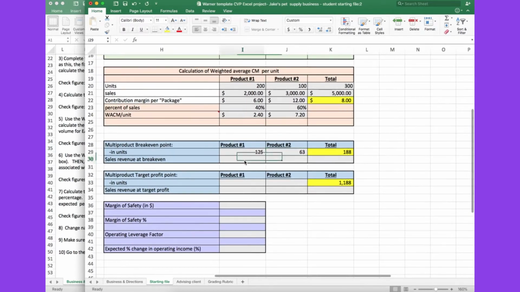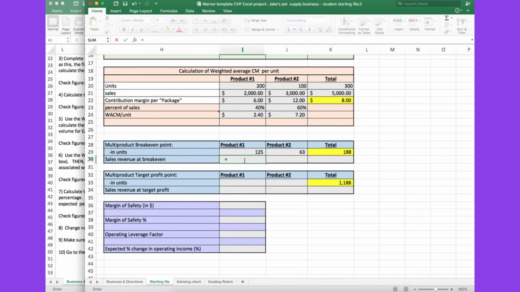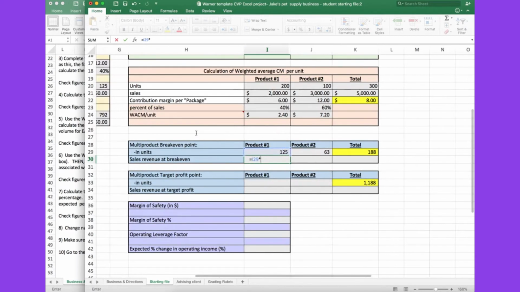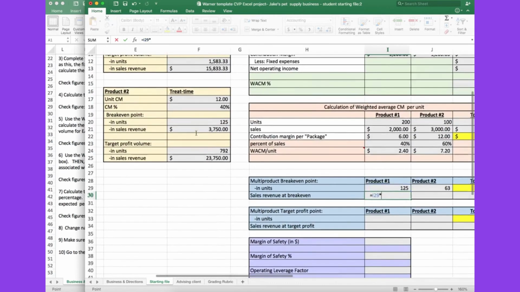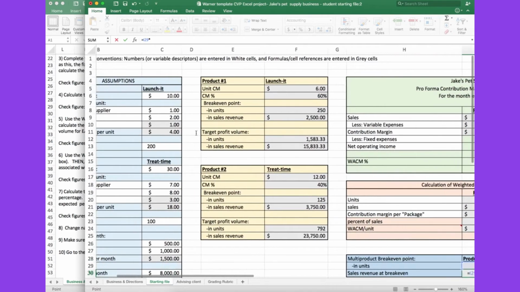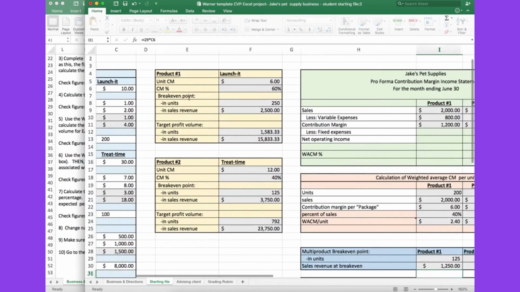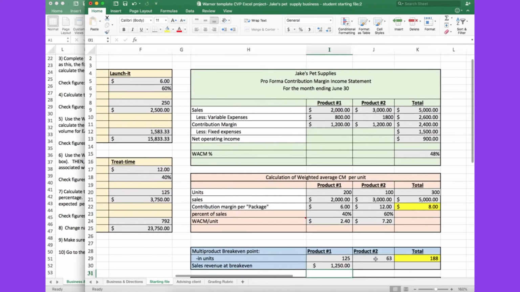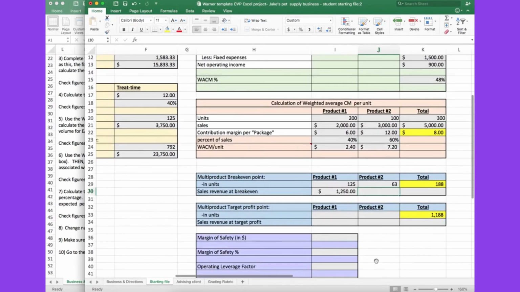second product. And that means that at break even, our sales revenue here is going to be 125 times $10. And our sales revenue here is going to be 63 times the $30.